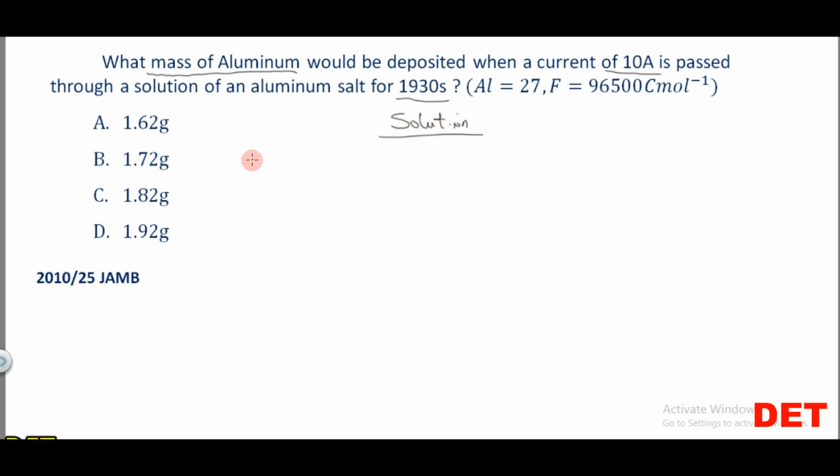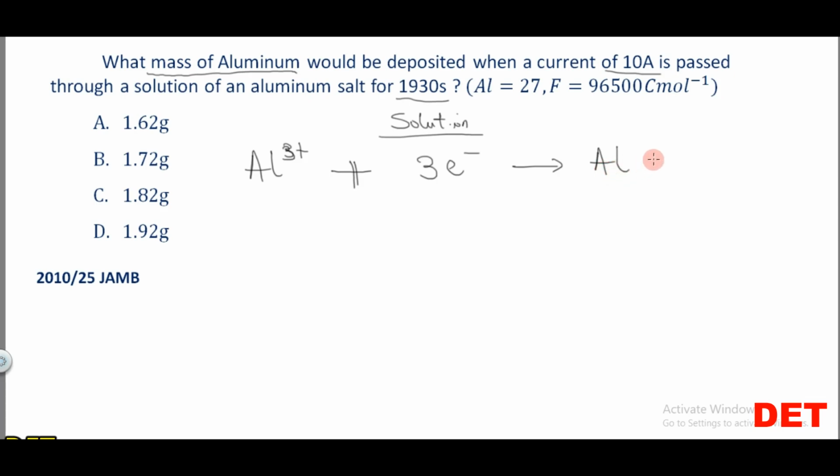So aluminum ion, which has an oxidation number of +3, would have to accept 3 electrons of electricity. Why 3 electrons? Because the oxidation number is +3. So it will have to accept 3 electrons in order to deposit 1 mole of aluminum.